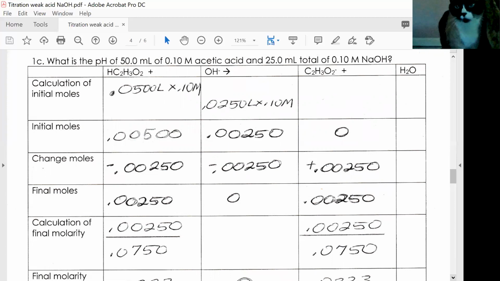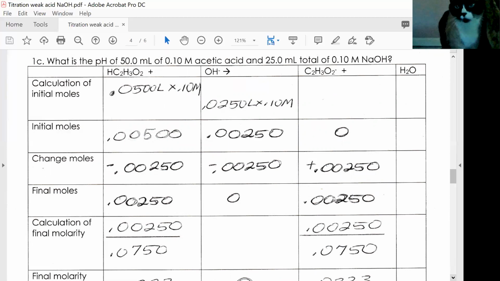So calculate your moles. You get 0.00500 moles of acetic acid, 0.00250 moles of hydroxide.